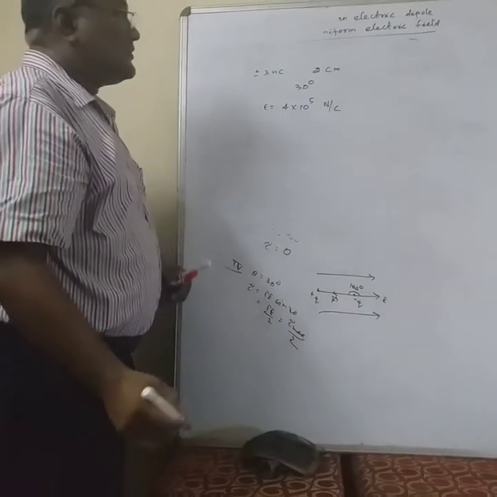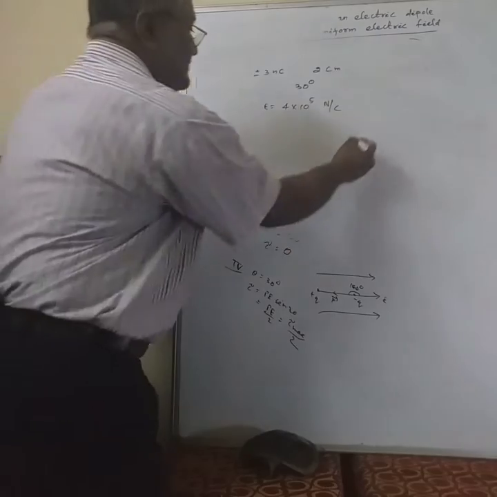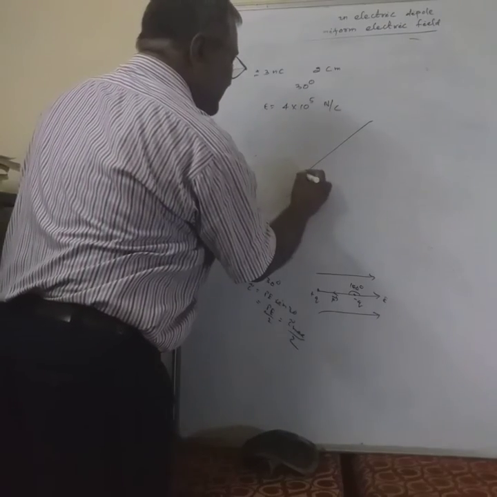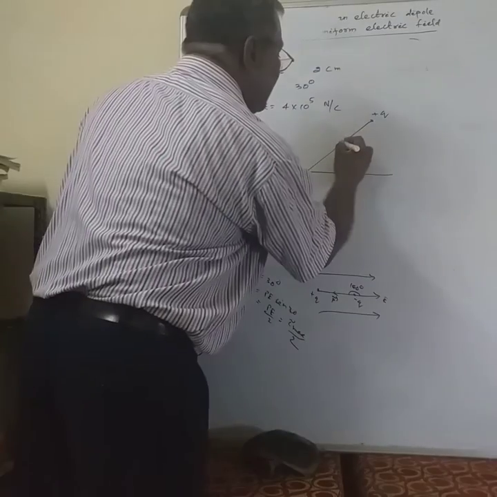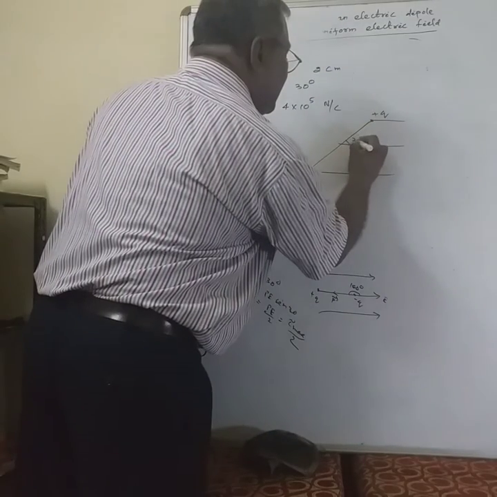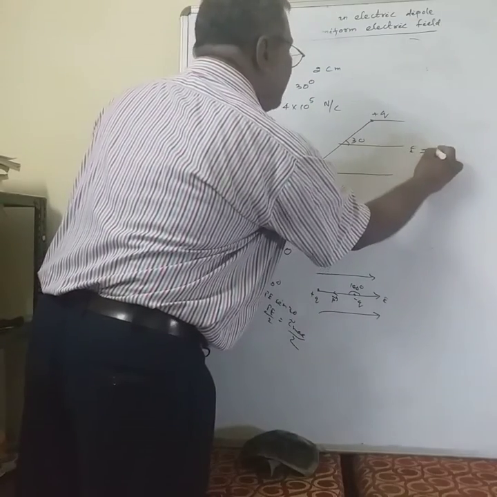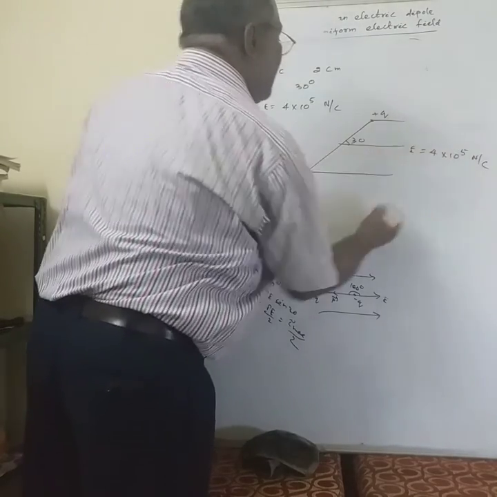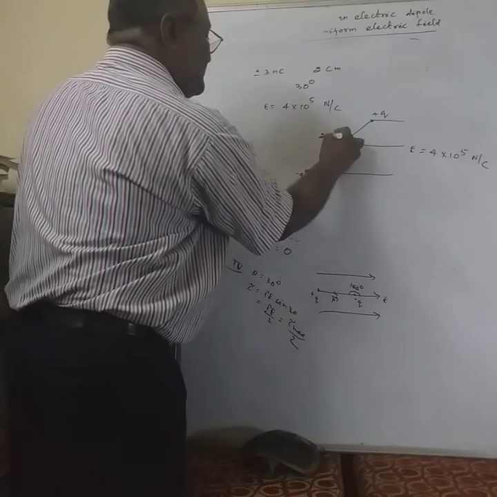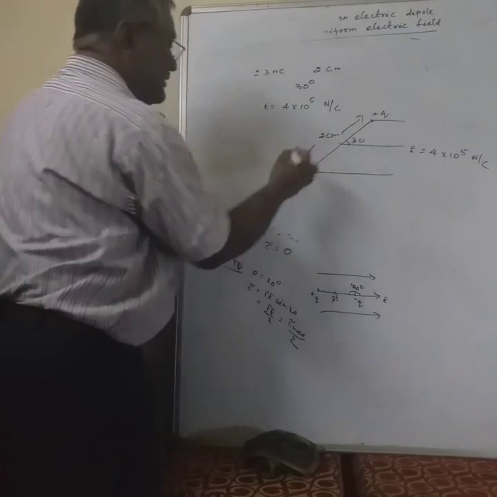What will be the torque developed on it? This is the dipole, this is minus q, this is plus q. It is making an angle of 30 degrees with the uniform electric field, 4 into 10 to the power 5 Newton per coulomb, and the length of the dipole is 2 centimeters. Then what will be the torque developed?